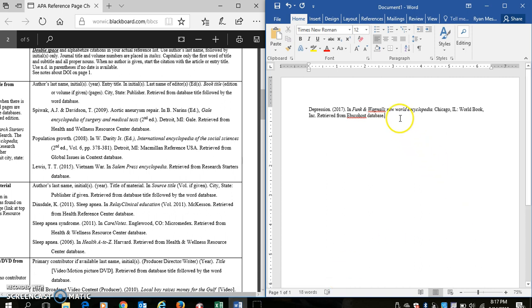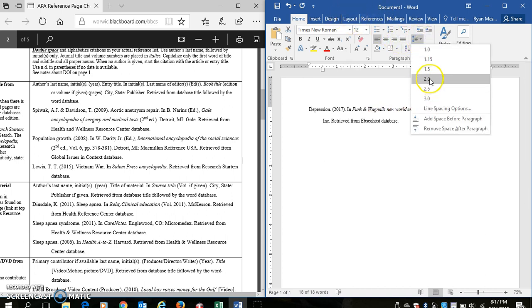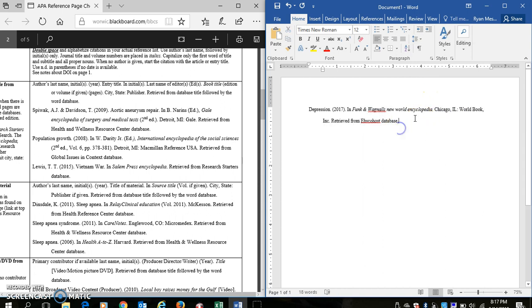And because with a reference citation, right, your first line is left adjusted and each line thereafter is indented, so we are going to move the second line in, keep that first line there, and with APA style, everything is double spaced, and voila, we've got our reference citation for this particular entry.